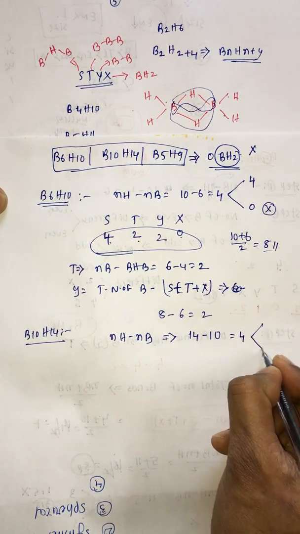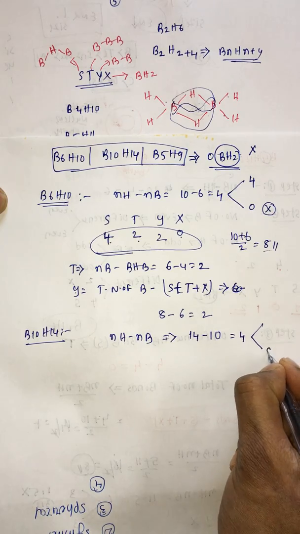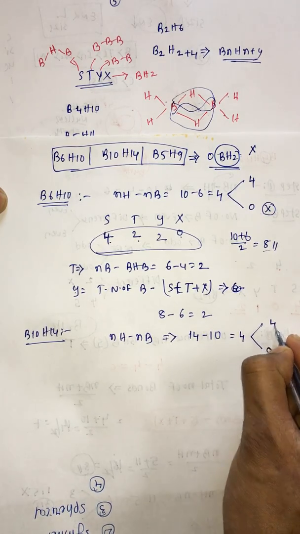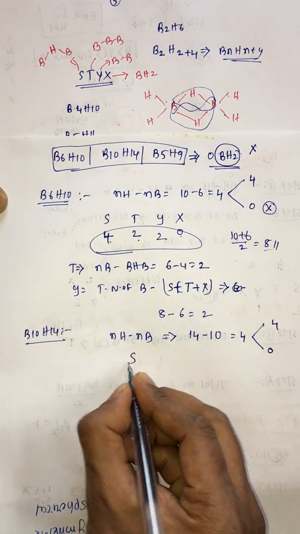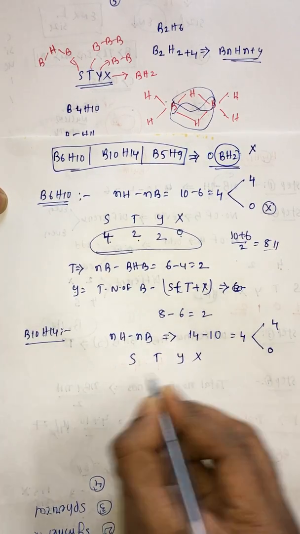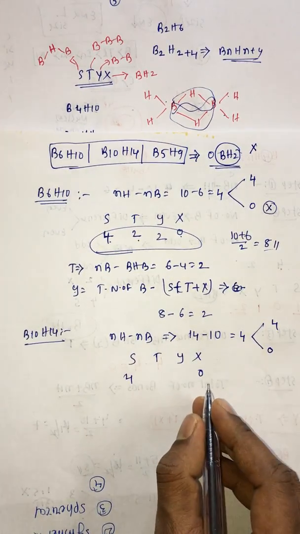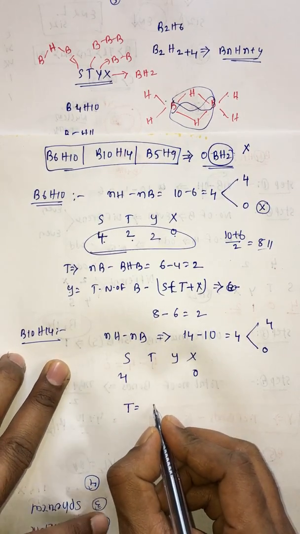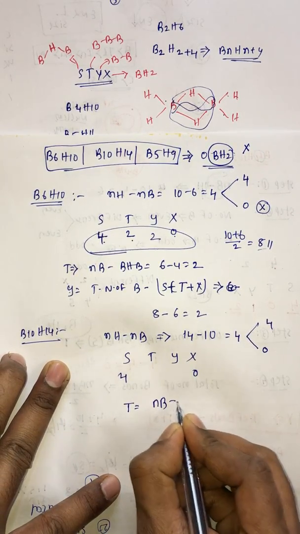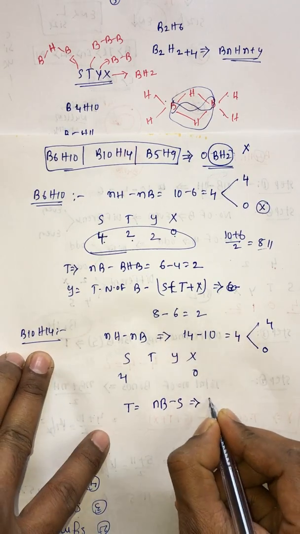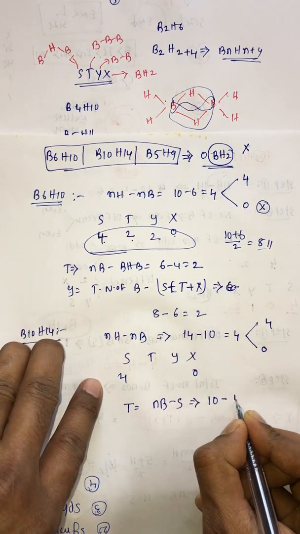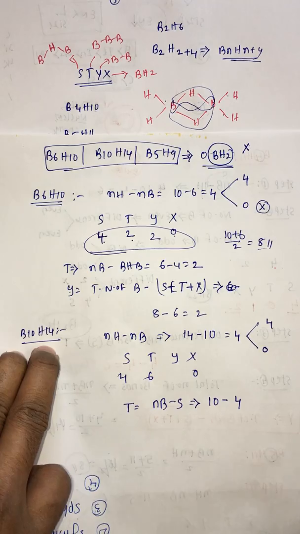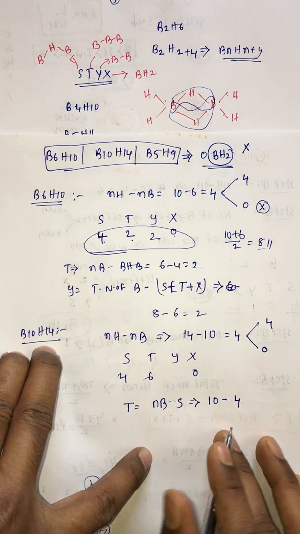So here also we know that the BH2 X value is 0, we will keep it 0, and this will be 4. STYX, this is 4 and this is 0, and the T value will be the number of borons minus the S value. The number of borons is 10, minus the S value 4, equals 6.